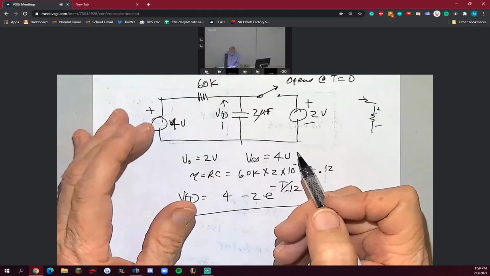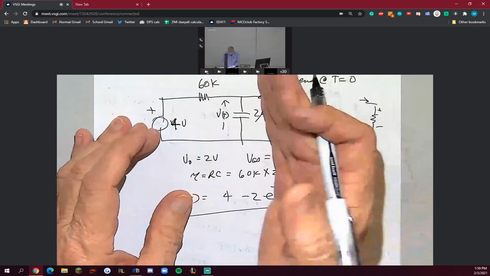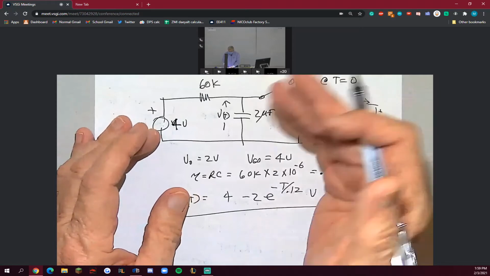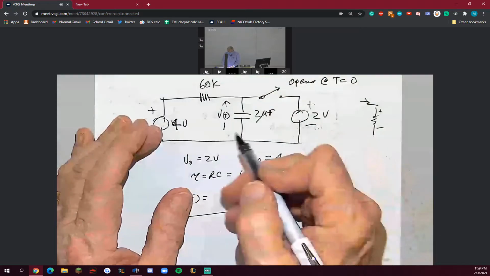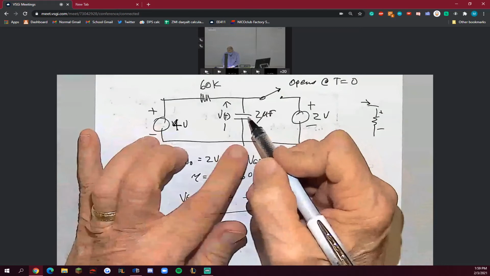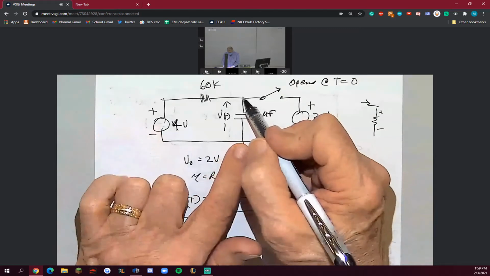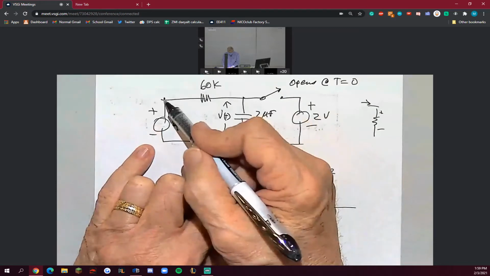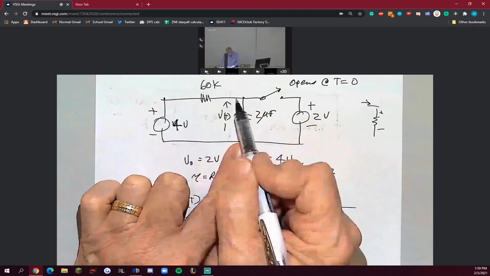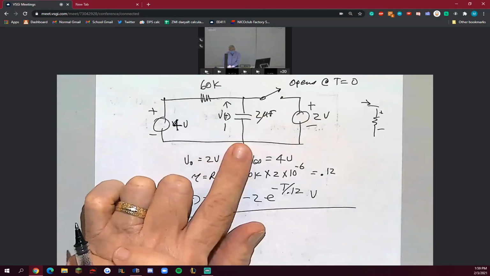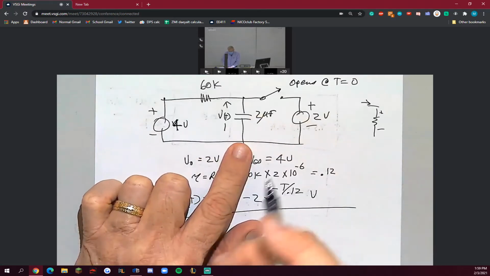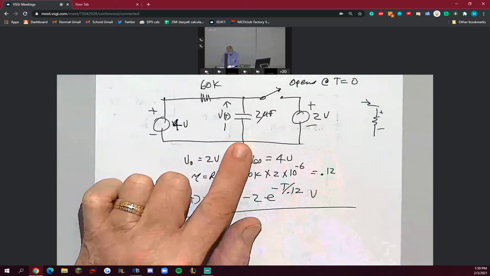In this case, once we've opened the switch, there's 2 volts at this terminal. There's 4 volts right here. So there's current flowing through that resistor, and that current is going into this top terminal of the capacitor.